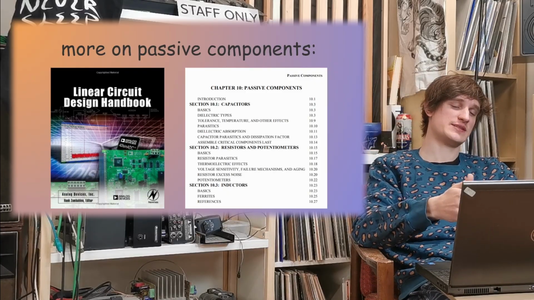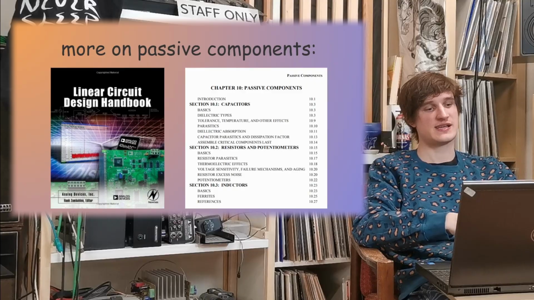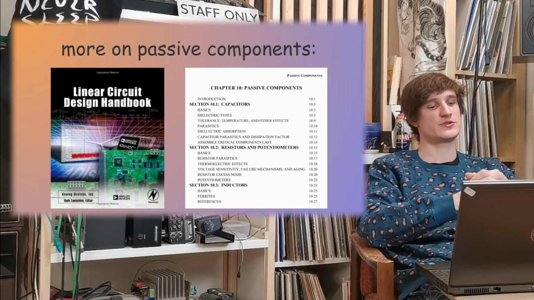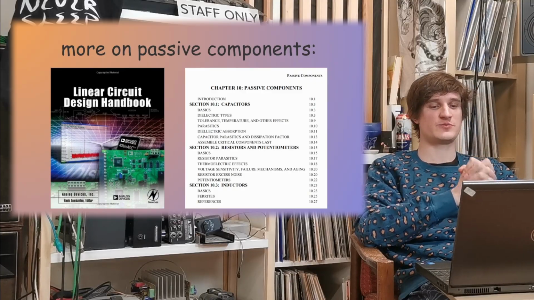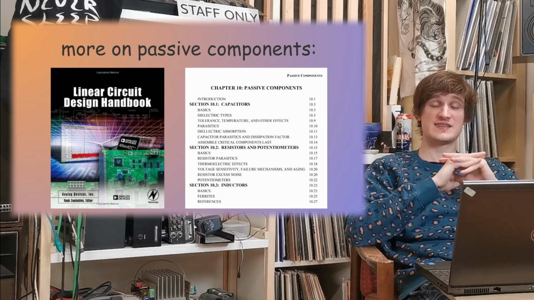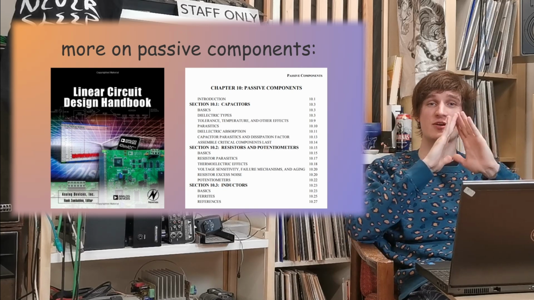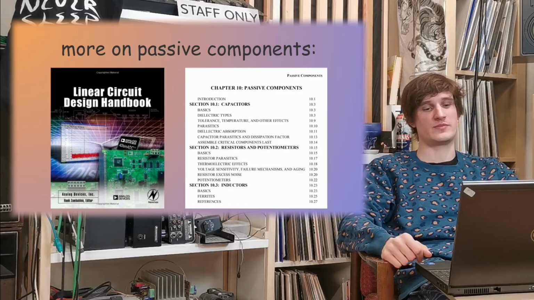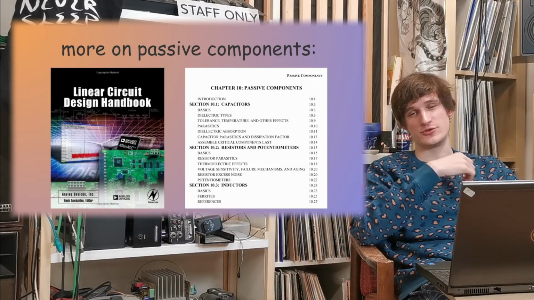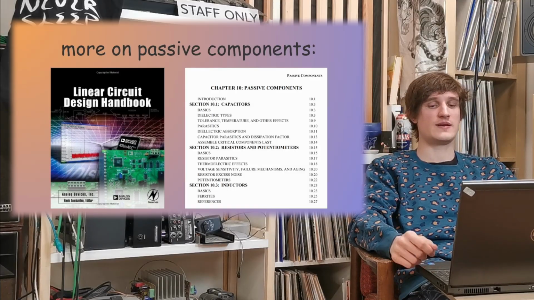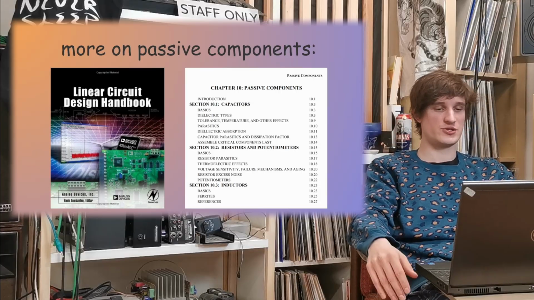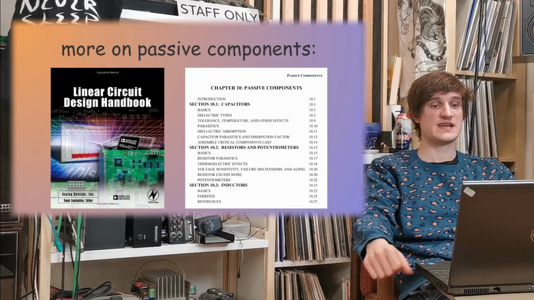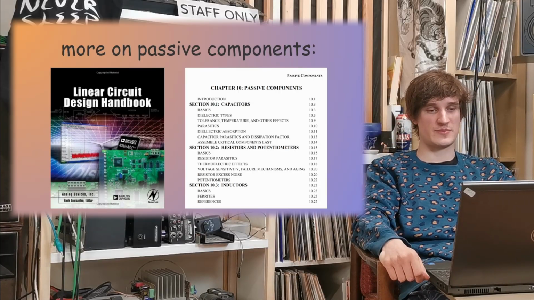So getting back to it and recommending you some resources, I want to once again recommend you this Linear Circuit Design Handbook from Analog Devices. It's wonderful, and it's available completely for free. The PDF is just for download from the Analog Devices website, and you have tons of knowledge, tons of research about various things. And here we have a whole chapter.